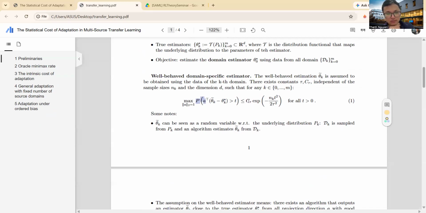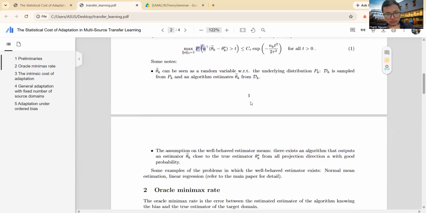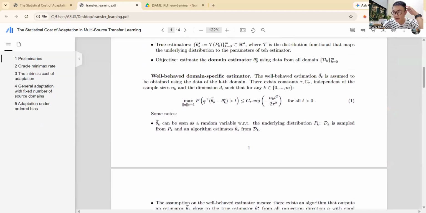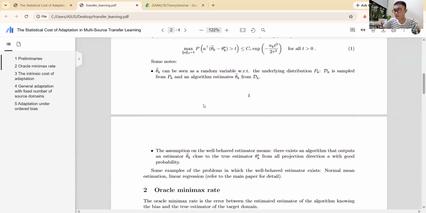Okay. Another thing is that in calculating the distance there is a projection to another space, so it tells you that under every projection, the distance is smaller than the threshold.